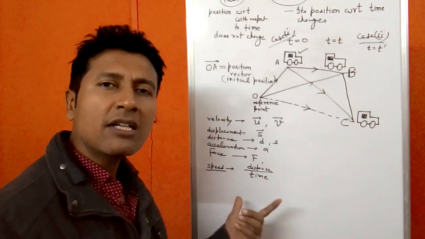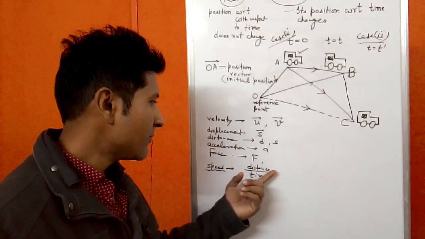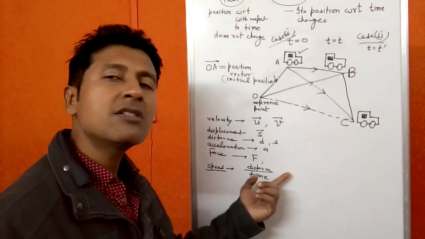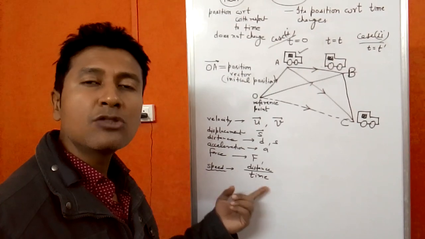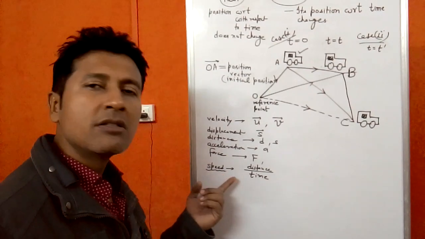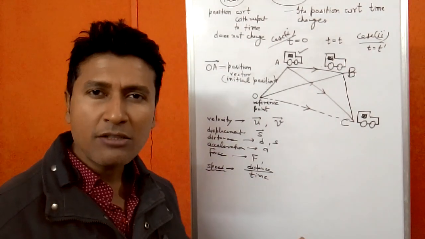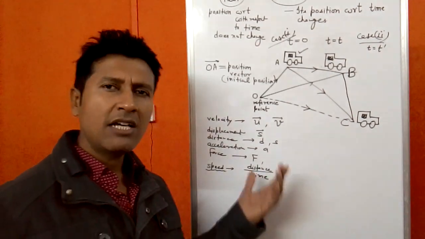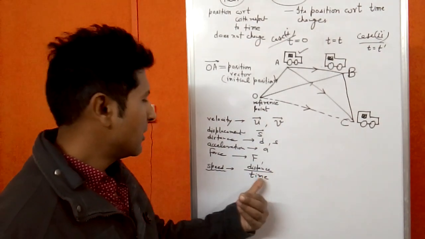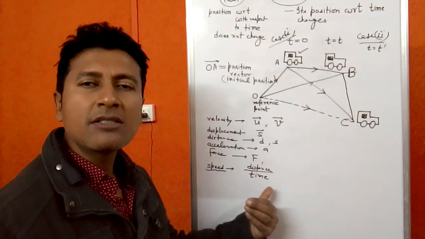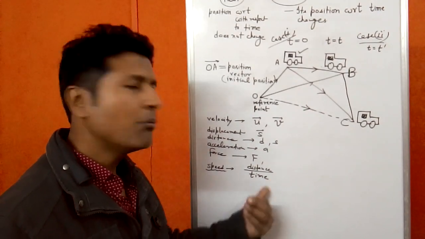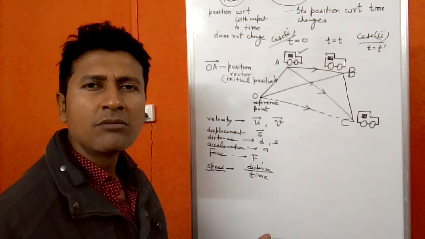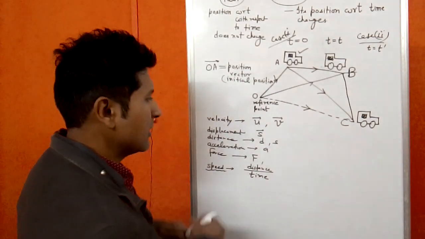So the definition is: distance covered by the body per unit time is known as speed. Is it not very simple? Yes, of course it is. Let's have one more time. Speed is defined as the distance covered by the body in per unit time. Correct? Is the point clear?